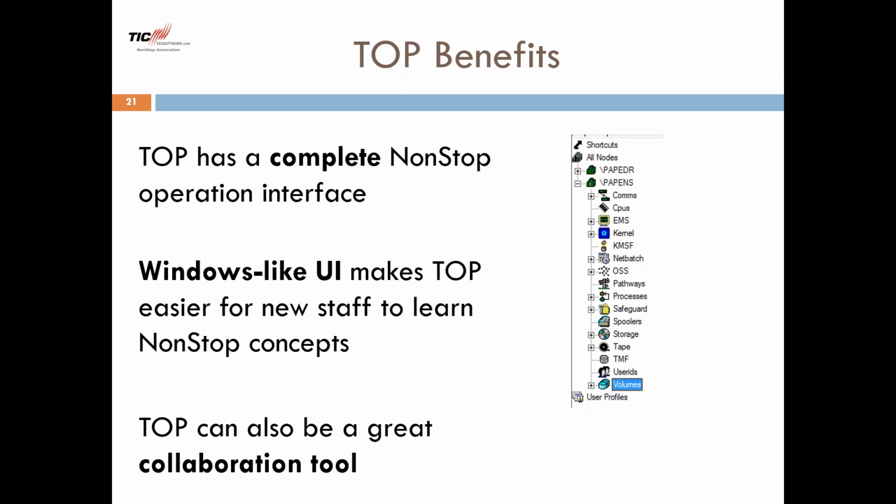It's a complete set of all the different components: communications, CPU, EMS, batch, Pathway, all of it. The second part is that the user interface is very much like Windows, so people get used to it much more quickly, as opposed to all the other products that have their own independent user interface. The third part is that the tool can also be a great collaboration tool between experienced people and newcomers. We'll talk more about that.